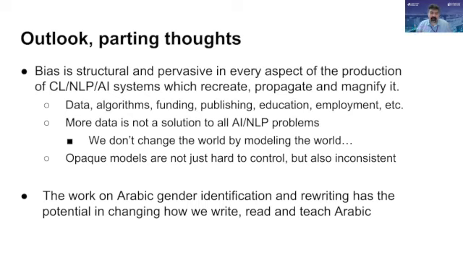The work that we are doing is trying to solve these problems. Although we're focusing on one particular problem, which affects 50% of Arabic speaking people, we think that a lot of the ideas related to how you control AI systems and NLP models could also apply in other ways.